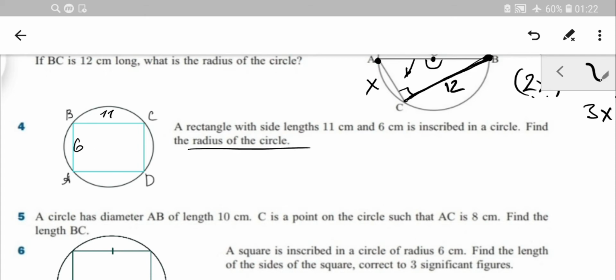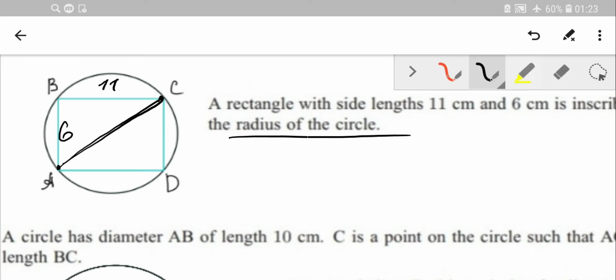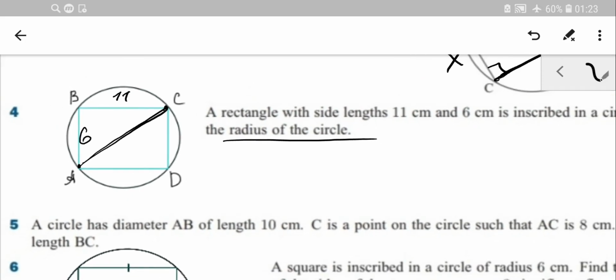So what we're going to do right now, we can connect A and C with the diagonal of the rectangle. So AC is simply the hypotenuse, so the radius is inside, and obviously for the rectangle that should go due to the right angle.